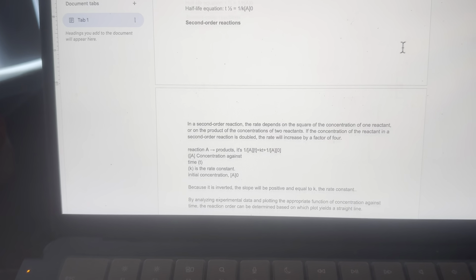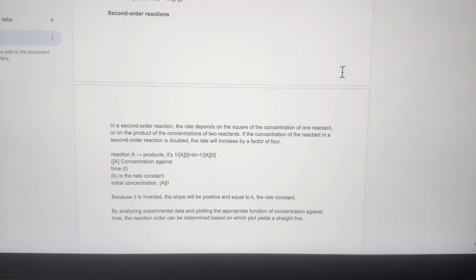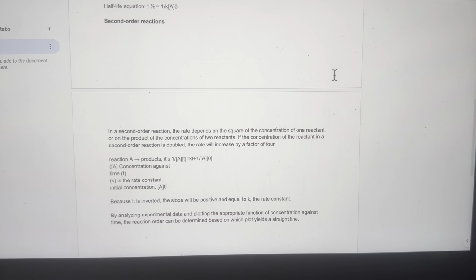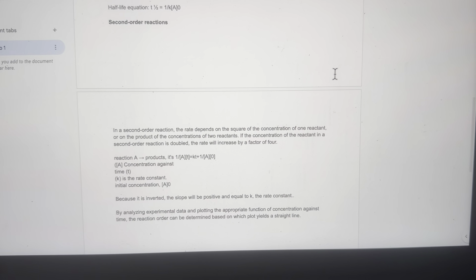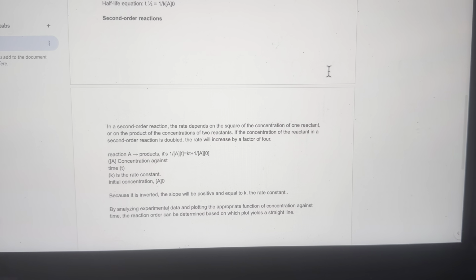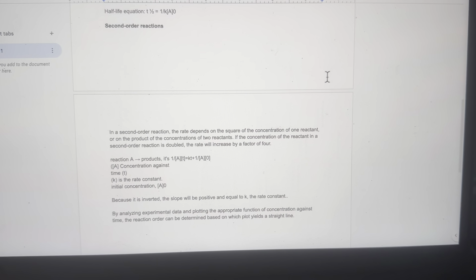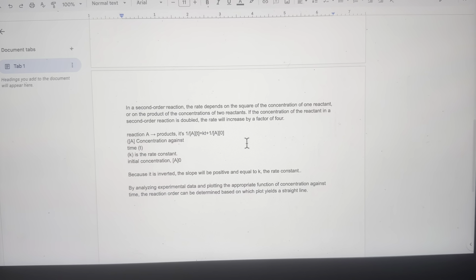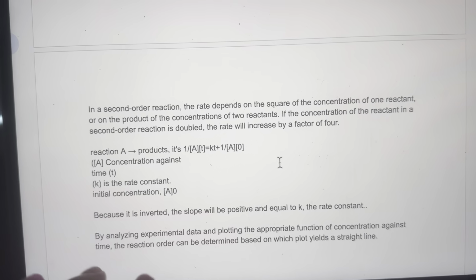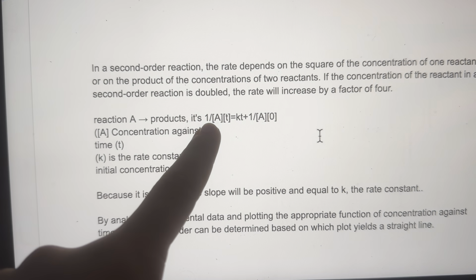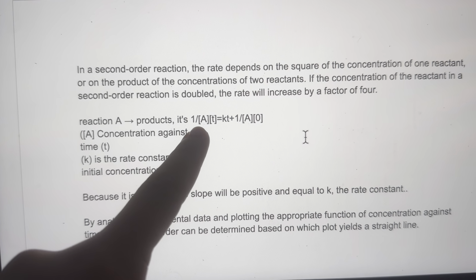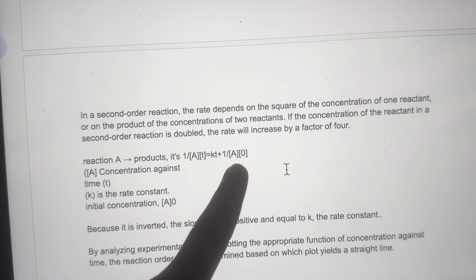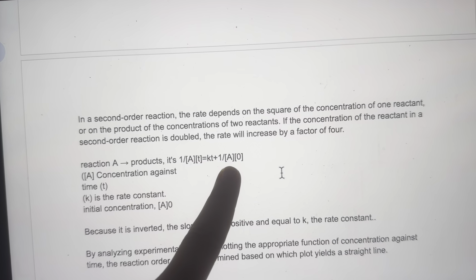And now we have the second order reaction. In a second order reaction, the rate depends on the square of the concentration of one reactant or on the product of the concentrations of two reactants. If the concentration of the reactant in a second order reaction is doubled, the rate will increase by a factor of 4. In this one, instead of multiplying, it looks like we're dividing by 1: 1 over the concentration against t, and the same thing for the initial concentration.